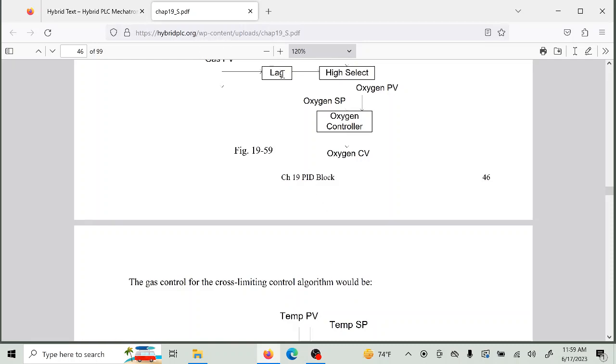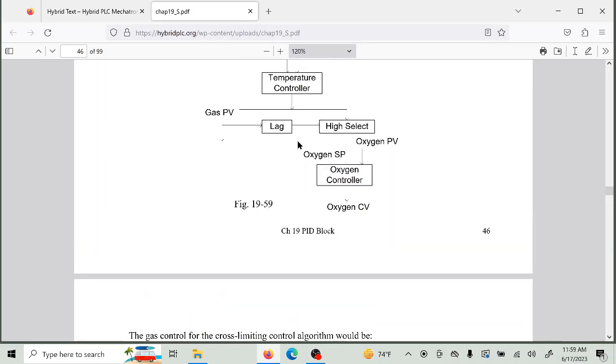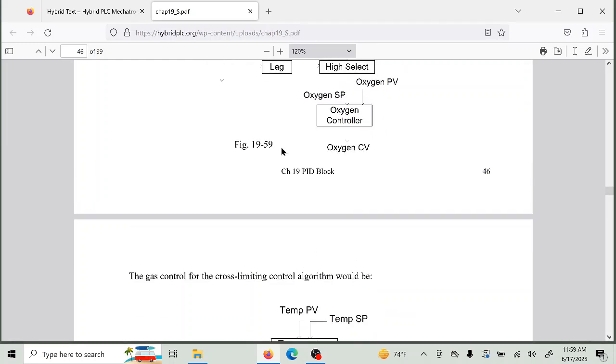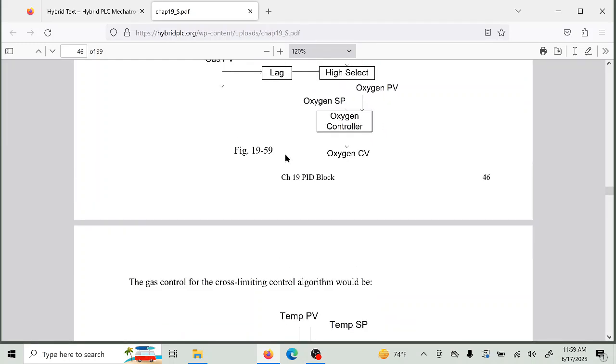This lag block is nothing more than a lag of the signal between the two by maybe 5 or 10 seconds, and that's what that's about. So again, some process controllers have a lag block in them. If you have to build a lag block yourself, picture a FIFO with an incoming and an outgoing number of variables.